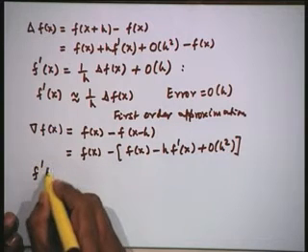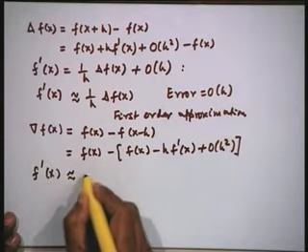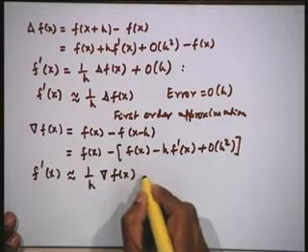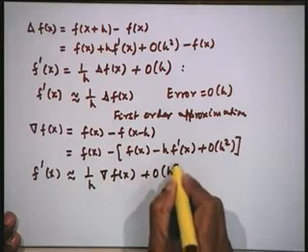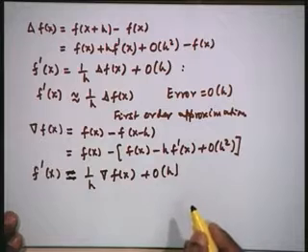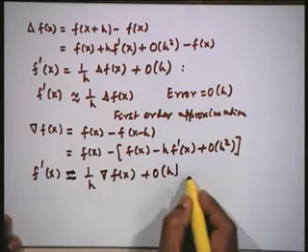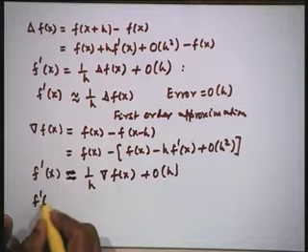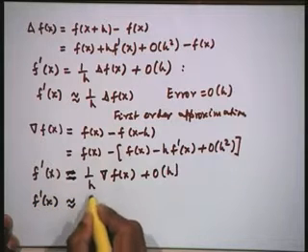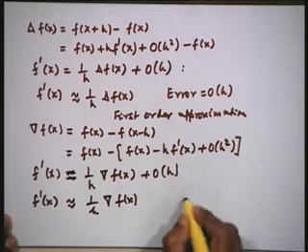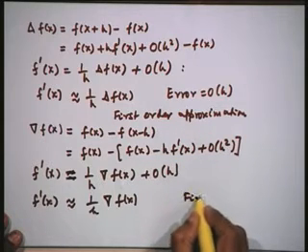Therefore, I have got f dash of x is approximately equal to 1 upon h delta f x plus order of h. If I drop this error term, I have the approximation for the first derivative as 1 upon h delta of f x. Again, this is a first order approximation.